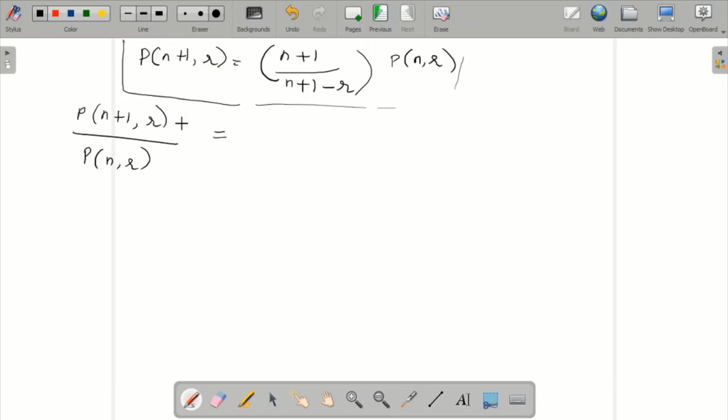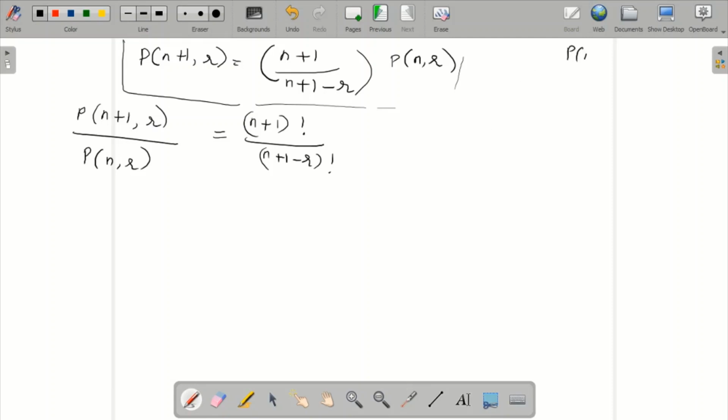So what is P(n+1, r)? P(n+1, r) is nothing but (n+1) factorial divided by (n+1-r) factorial.